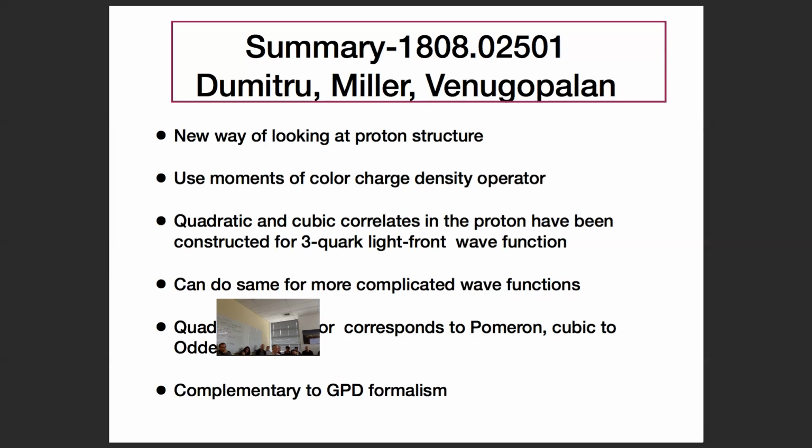I don't think that it's impossible. I think it's a lot of detailed work that could be done. Parton distributions are scale dependent. These things are scale dependent, but they're still interesting, and we want to know. If you really want to know about the structure of the proton, we saw how many things there are about the one-body operators that Barbara was just talking about, but you can have two-body operators.